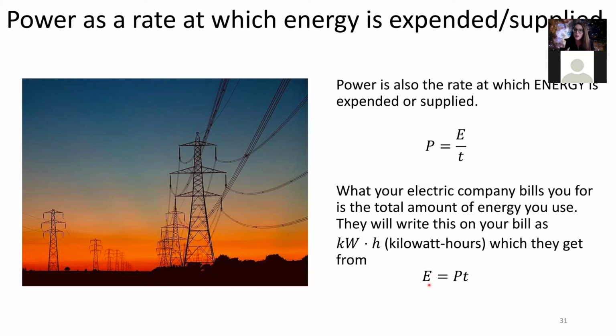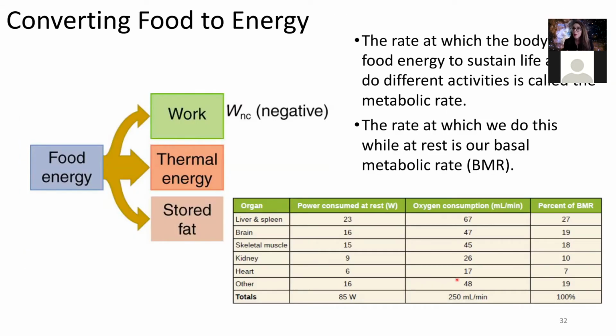So you could find your energy use in terms of the power that's being supplied to your house with electricity times time. Next semester, we're going to learn about how you can calculate the power associated with a circuit or with an electric current. Our body converts food into energy, and we can calculate the power consumed by different bodily functions and by different organs.